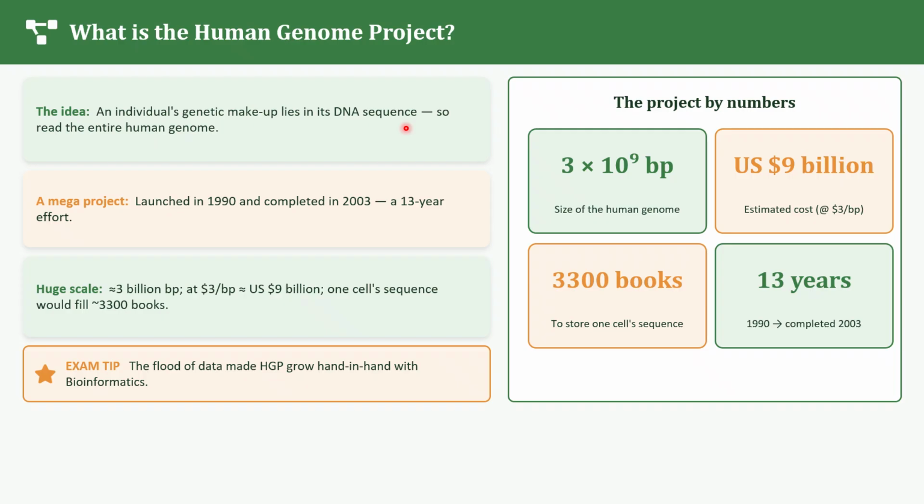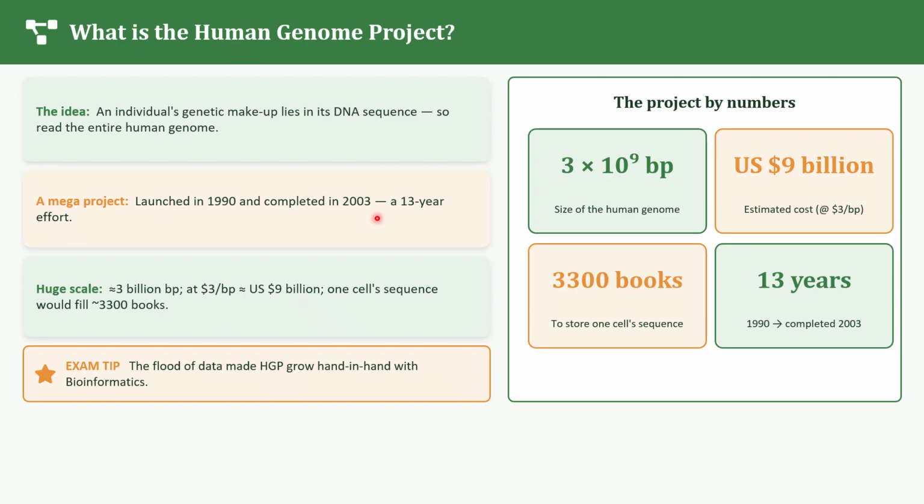So in order to answer this question, the Human Genome Project was launched in the year 1990, and it was a 13-year international mega project, completed in the year 2003. And what is the main purpose of this project? The main purpose was to determine the complete sequence of the human genome and also to understand the genetic information contained within it.